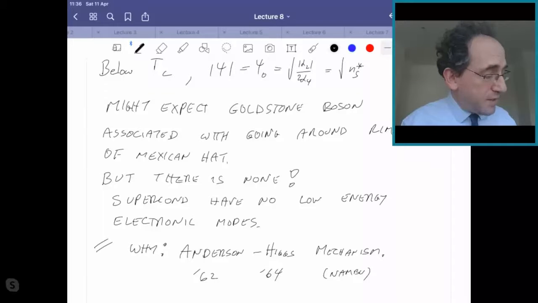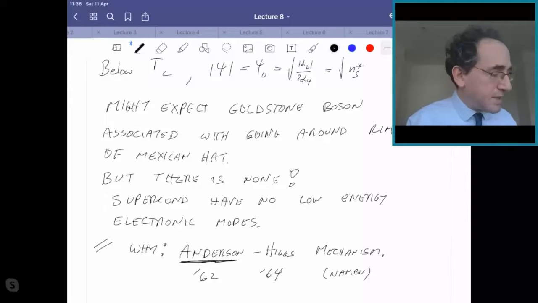Phil Anderson, the discoverer of the Anderson-Higgs mechanism, passed away just last week, actually, at the age of 96.